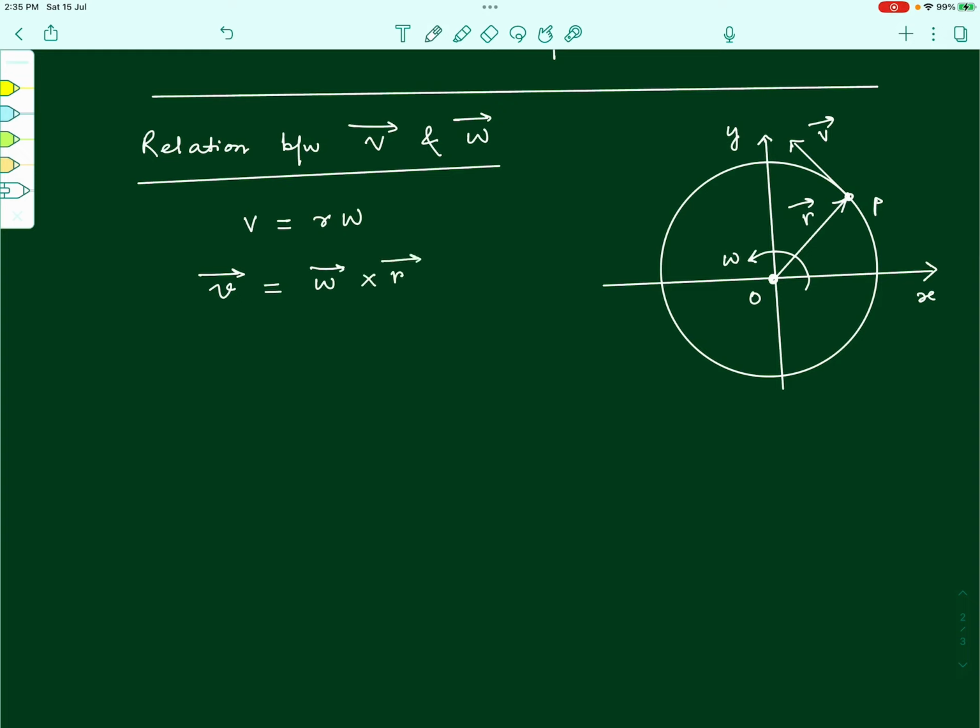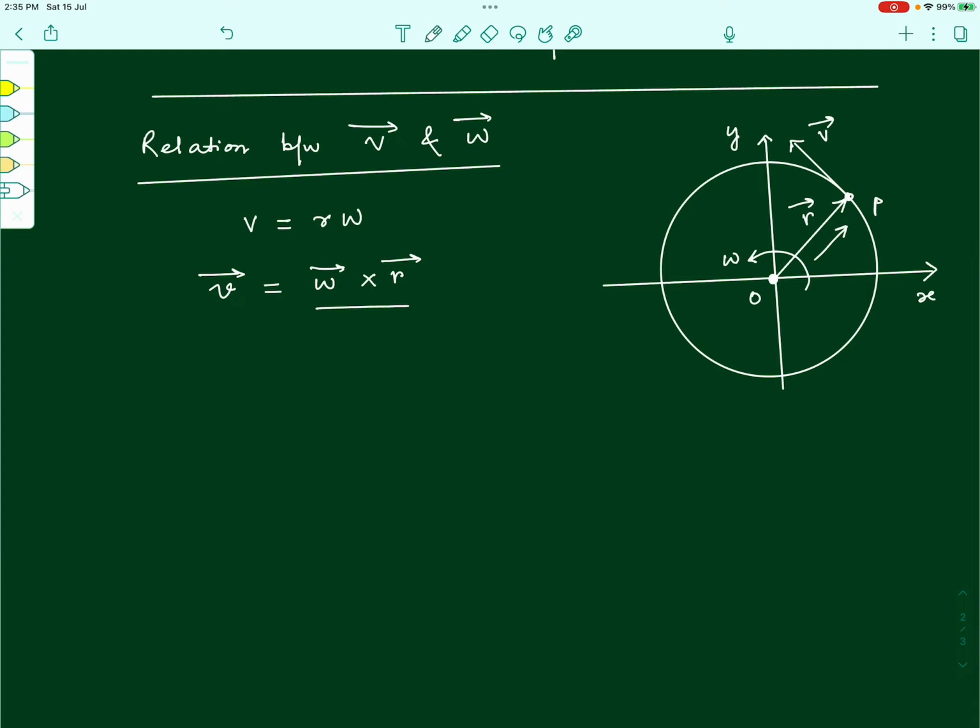We already have an idea about cross product of vectors now, yes. So vector v is given by the cross product of the angular velocity vector with the radius vector. All of you can just look at this carefully, the figure, taking the direction of omega as perpendicular to this plane and coming towards you from the screen. That is the direction of omega, and vector r as we have drawn over here is the radially outward directed vector.